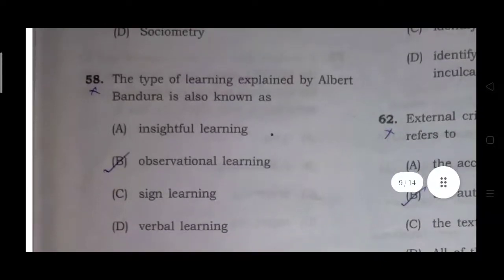Next, 58. The type of learning explained by Albert Bandura is also known as observational learning and also imitation. By imitation, a child can learn through observation. So the correct answer is option B.